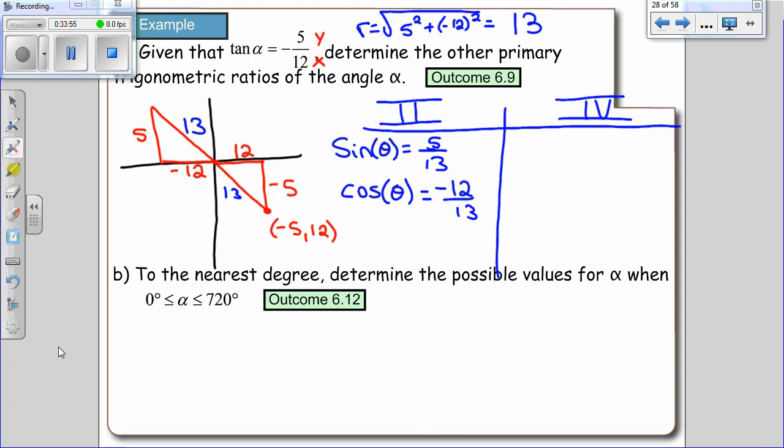Pretty close to the same thing, just negative. The cos ratio in quadrant 4 would be positive 12 over 13. Those would be your other trig ratios, and it depends on which quadrant you're in.